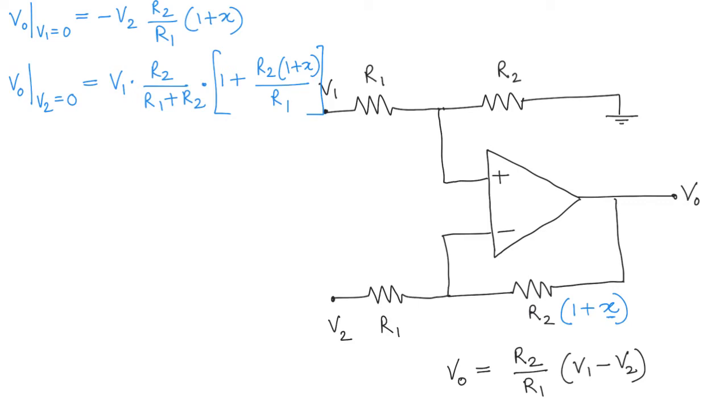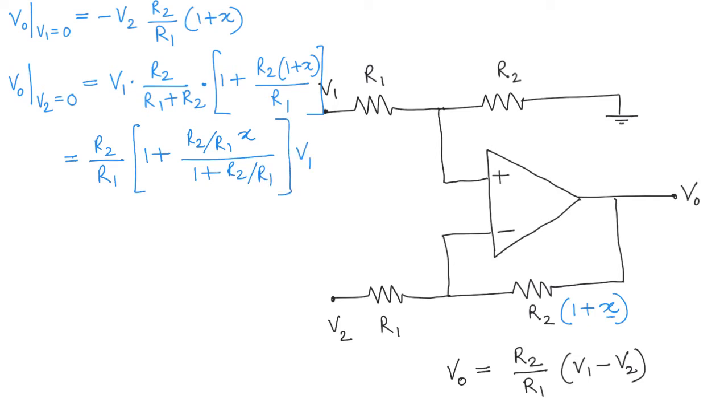Now you can reduce the equation here further, and you should be able to get a term like this. It's just basically algebraic manipulation here. What I get is R2 over R1, 1 plus (R2 over R1) X by 1 plus R2 over R1.